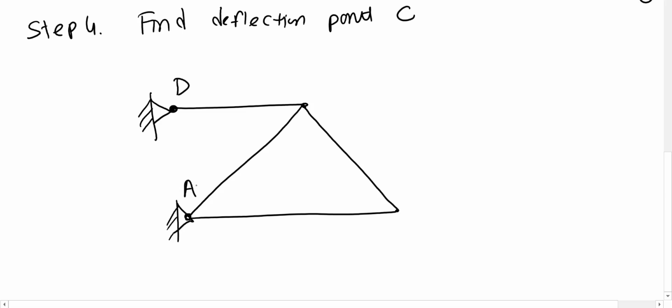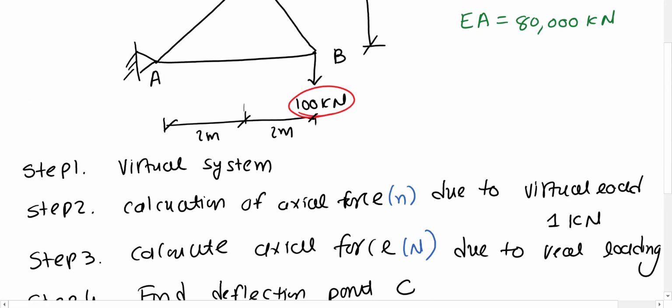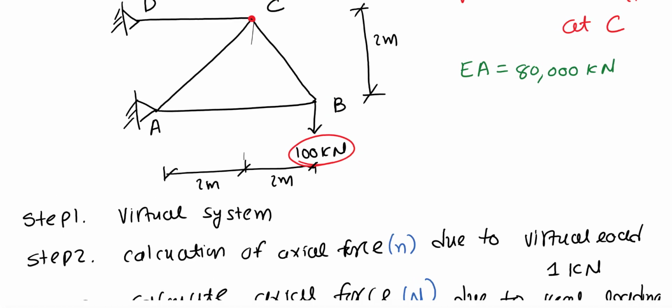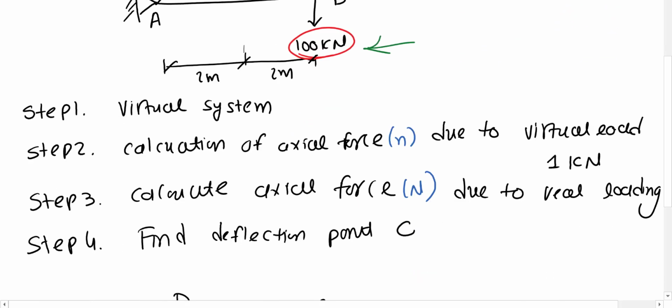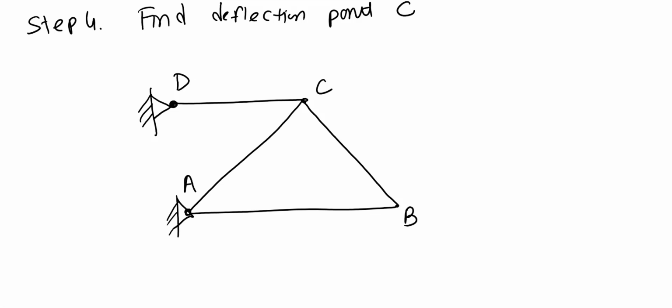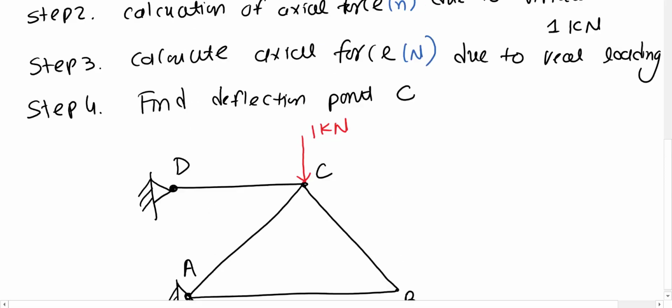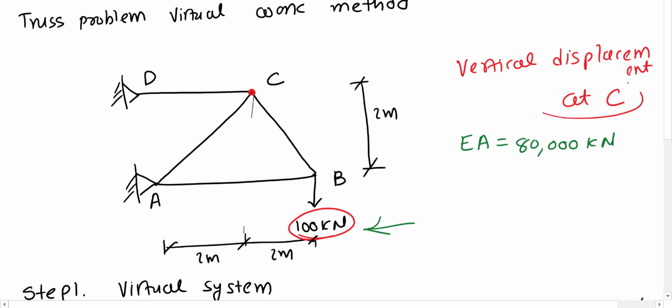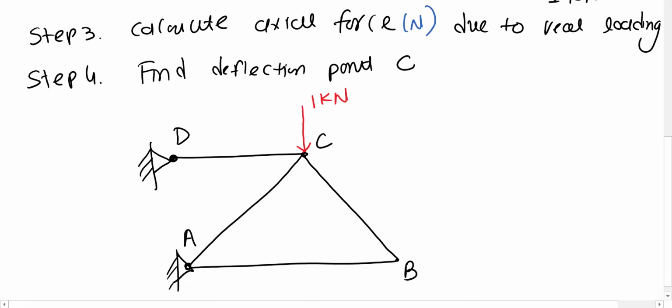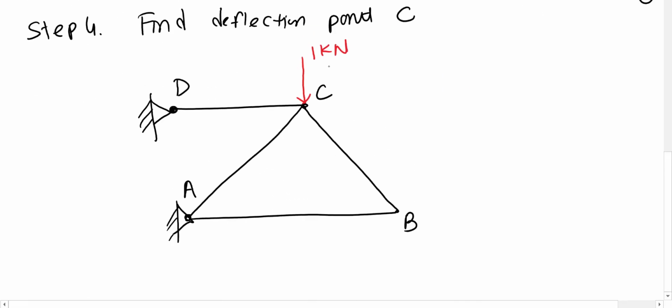Look at this picture, we remove all this. Now we remove these 100 kilonewtons in the virtual system, and we need to apply this unit load. Please note, this unit load is applied where we need to find the deflection, in that direction. So in the question it says find the deflection at point C, so we need to apply the virtual load at point C.